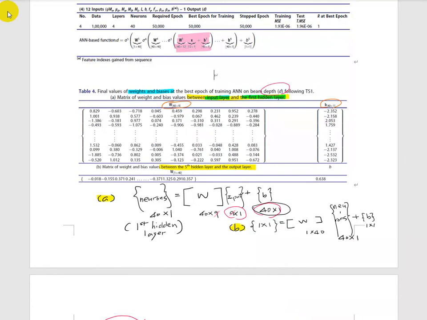Therefore your weight matrix dimension should be 40 by 9, where you cancel these two, so that you end up with a 40 by 1 matrix, which is consistent with the size of B, right? And your neurons at the first hidden layer are 40 by 1.